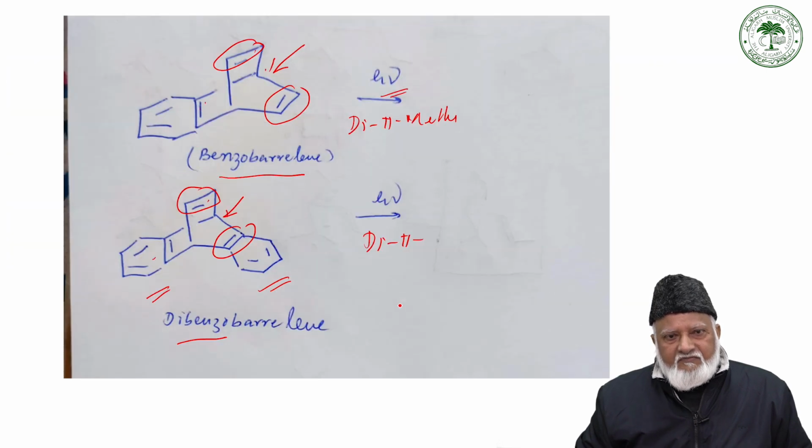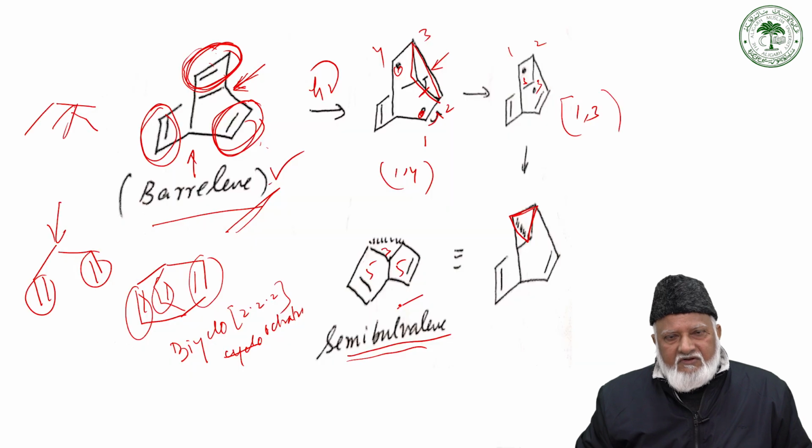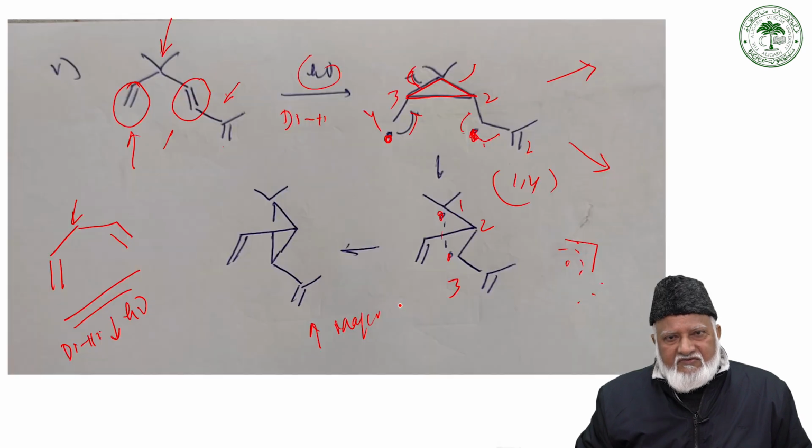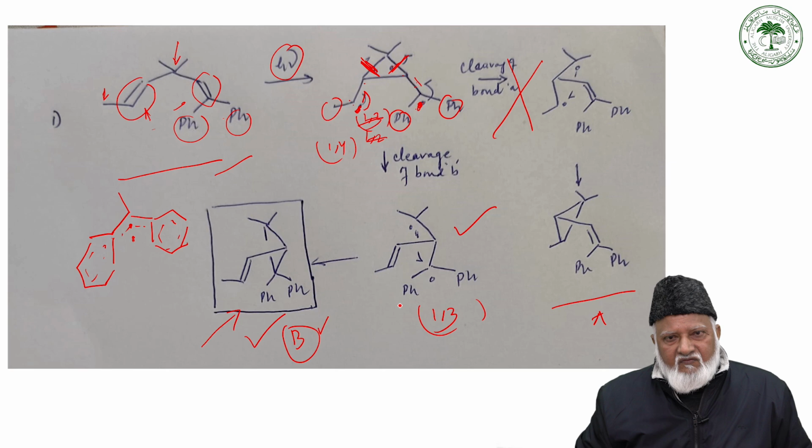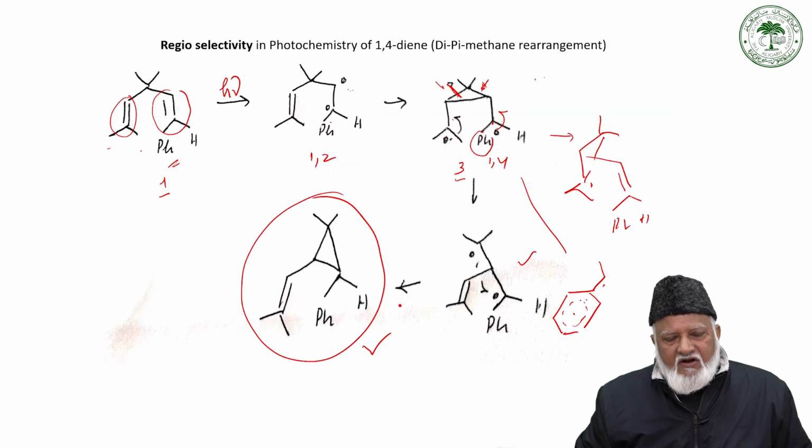Of course, you can see that 1,4-dienes undergo interesting di-pi-methane rearrangement, and when the two double bonds are unsymmetrically substituted, where there is a possibility of two products, it exclusively gives one product as the major one.